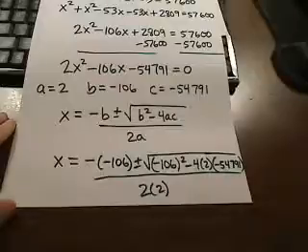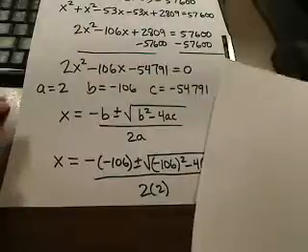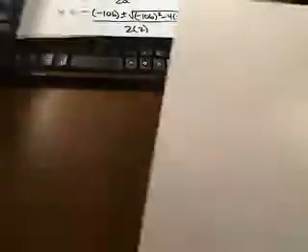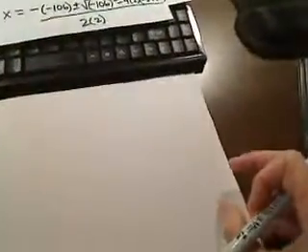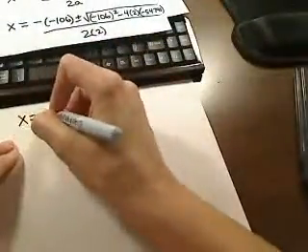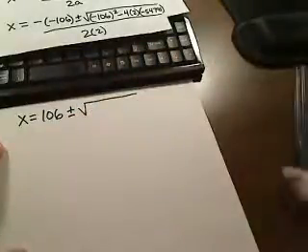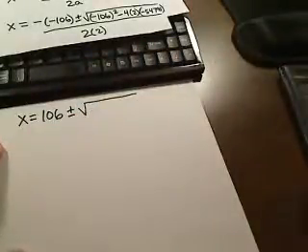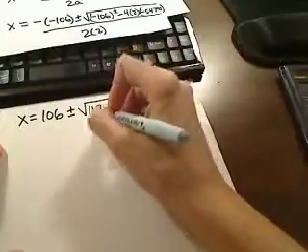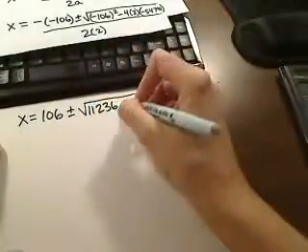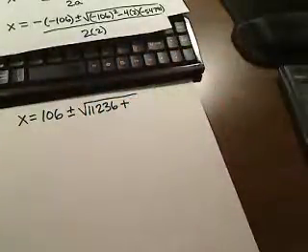Okay, so we need to simplify that further. And so just move that up. So we are looking at x equals a positive 106 plus or minus the square root of 106 squared, which is 11,236.